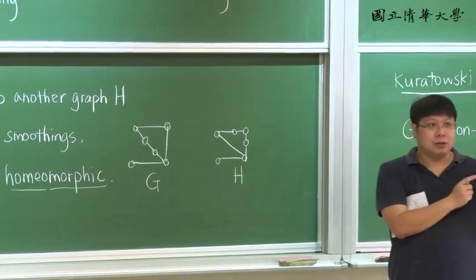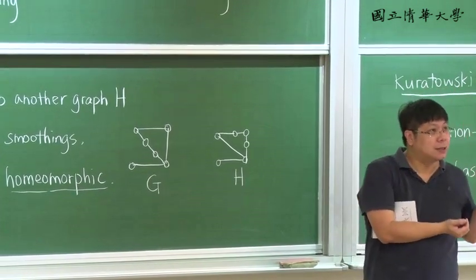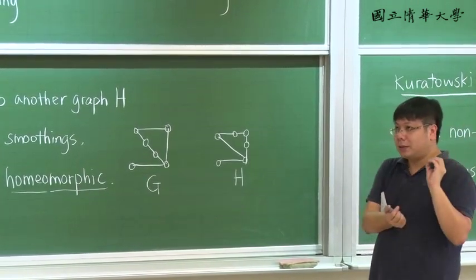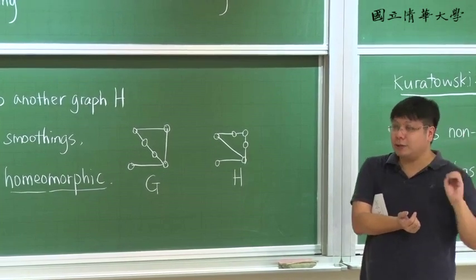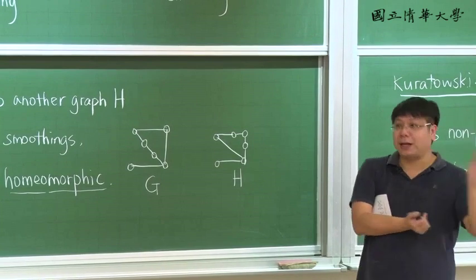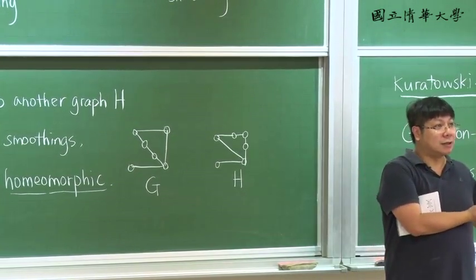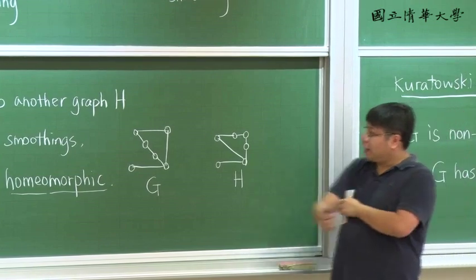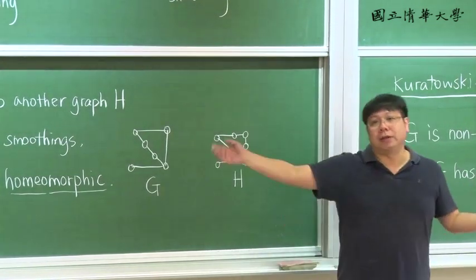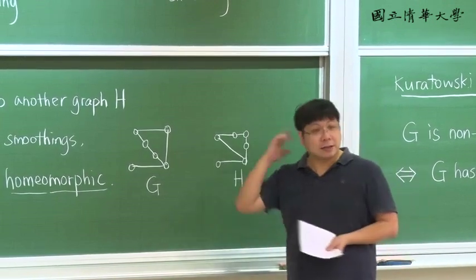And if you do subdivision, it doesn't change the degree of the vertex. So smoothing or subdivision does not change the degree of a vertex. But on the other hand, if it is degree 2, then it may be gone by doing smoothing.